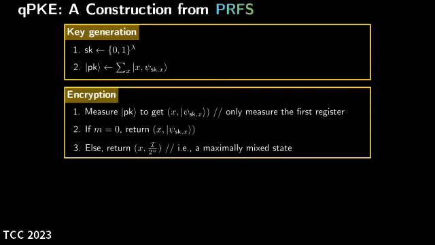To encrypt 0, we just return this pair of X and psi SKX. Otherwise, we return X and the maximally mixed state.